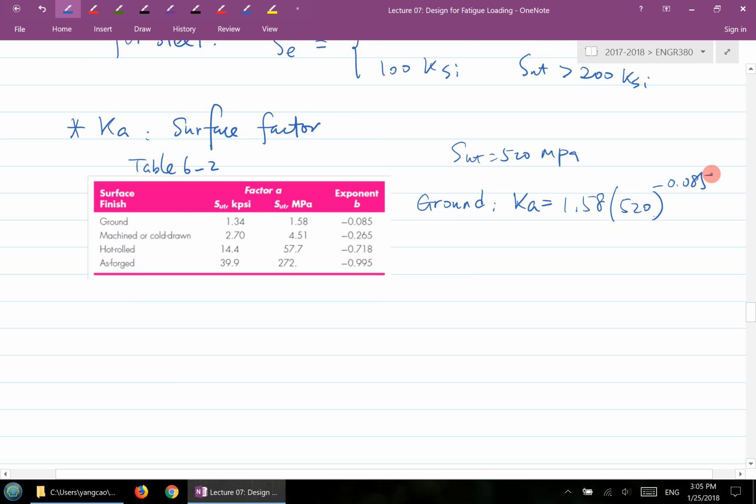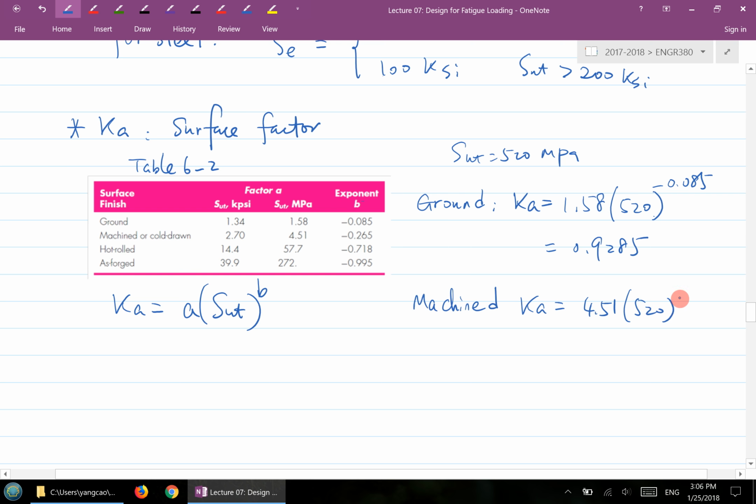Calculating this gives 0.9285. So basically, your Ka value is a times Sut to the power of b. That's the formula. Let's try another one, the machined or cold-drawn surface. What will be the value of Ka now?